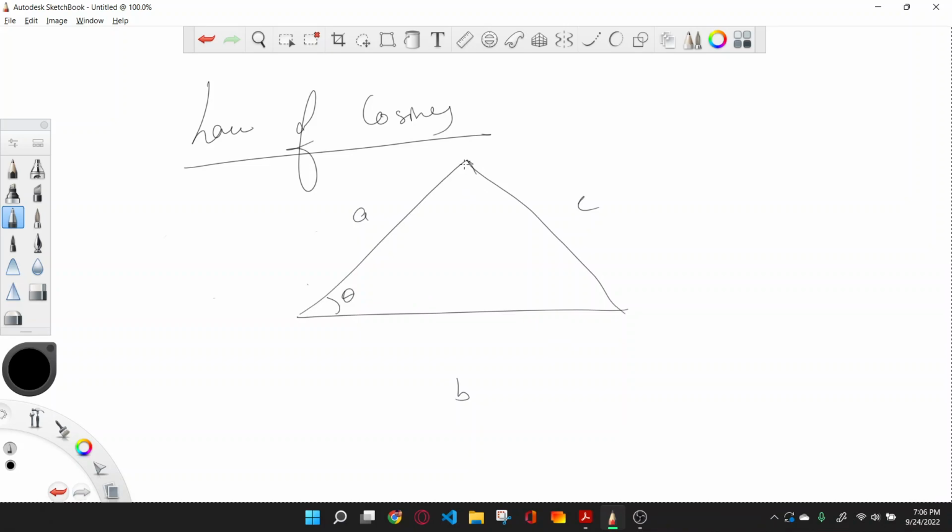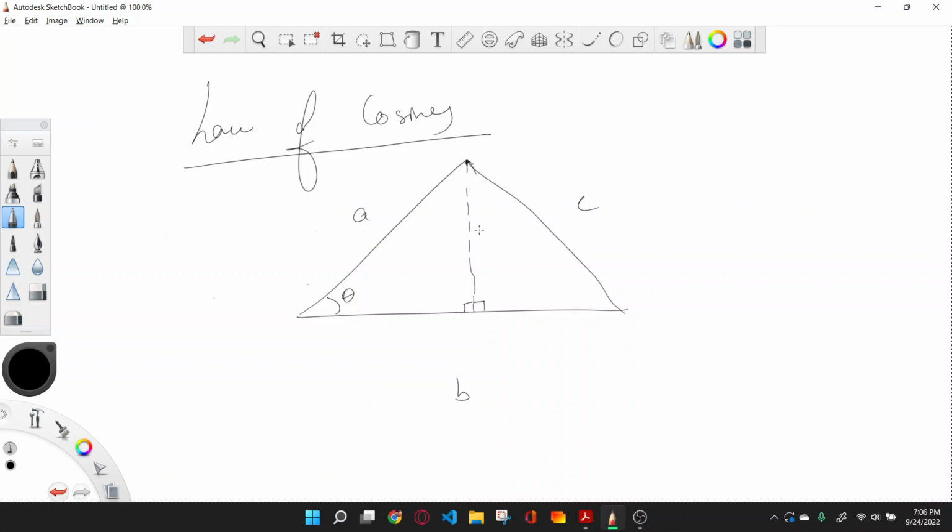So the first thing we're going to do is drop an altitude from this vertex down to B. It's just a line that goes from here, touches this side, and is perpendicular to it.